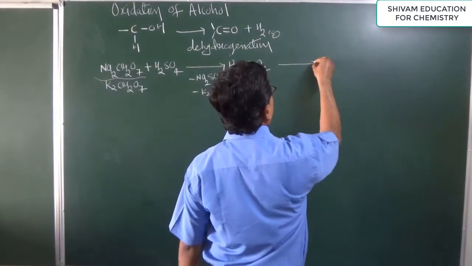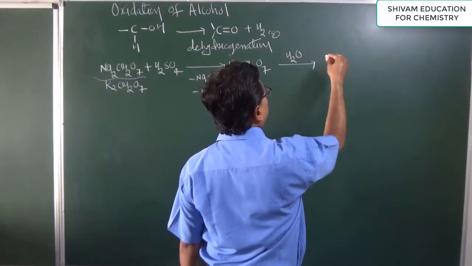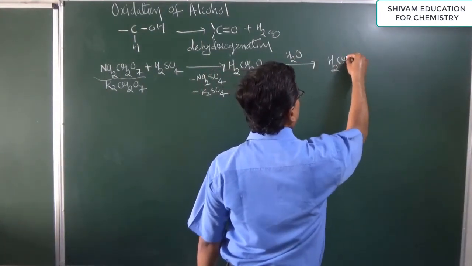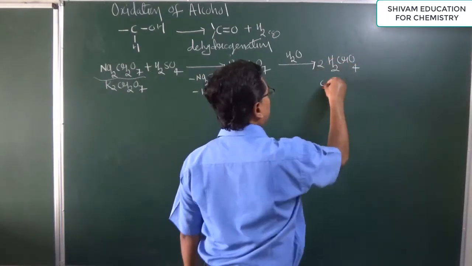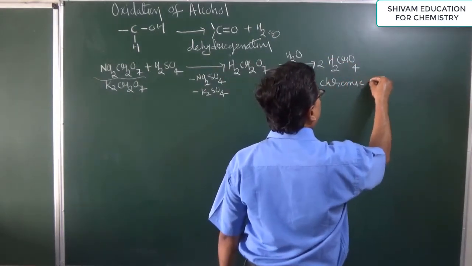When we add a water molecule to this dichromic acid, or dilute it with water, we get H2CrO4, and this is known as chromic acid.